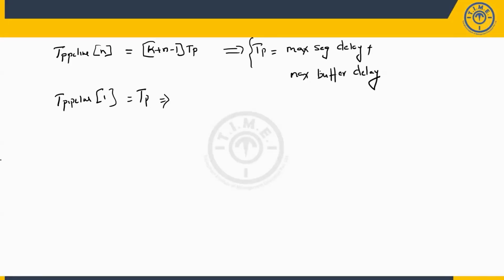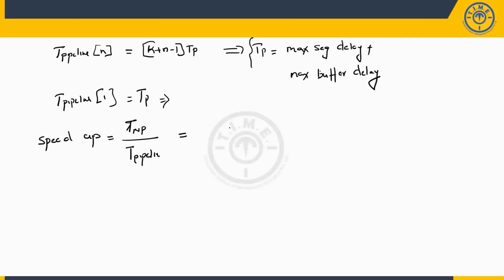Now, speed up. Sometimes we are also asked to calculate the speed up. Speed up is always equal to non-pipeline time divided by pipeline time. T non-pipeline divided by T pipeline.